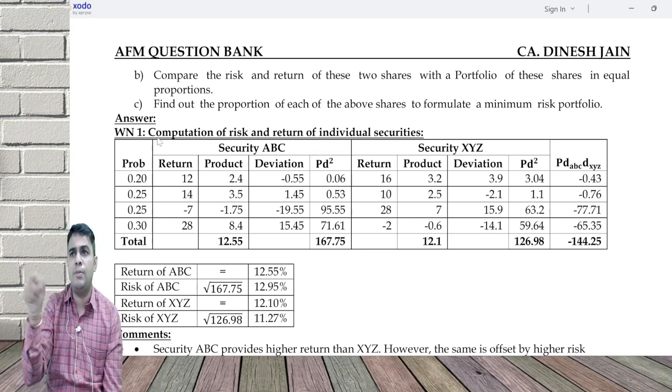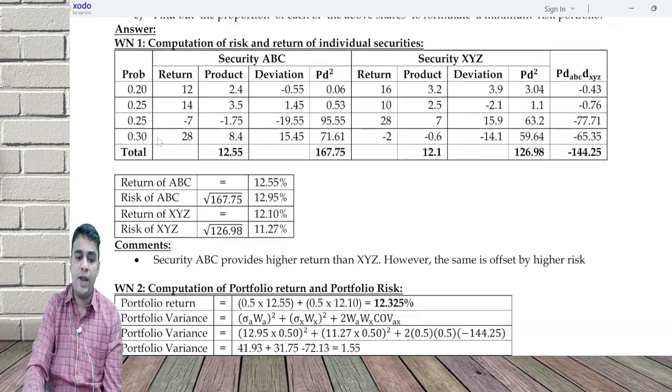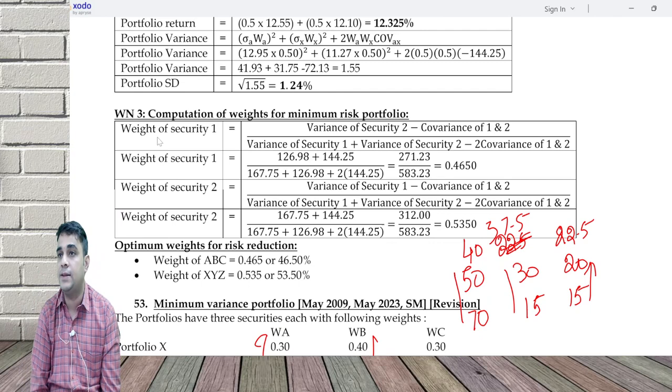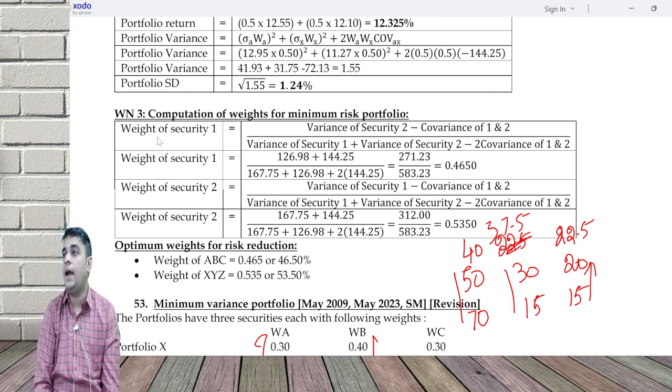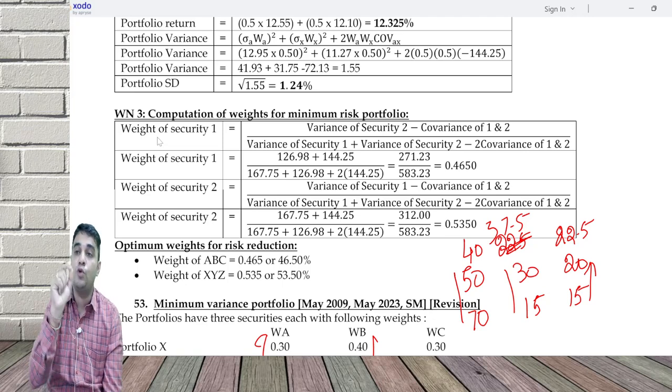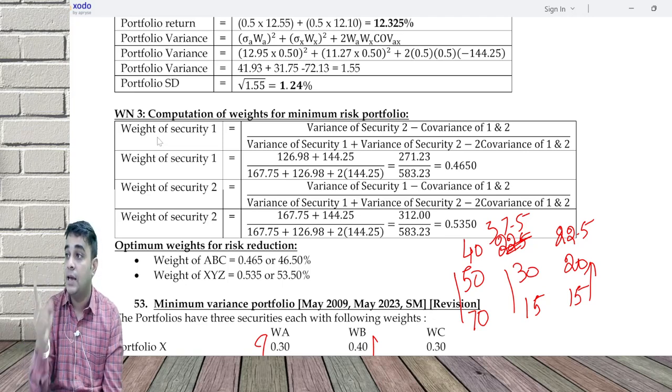Then you do sigma 1 W1 square, sigma 2 W2 square, where W1 and W2 will not be 50-50, it will be 0.465 and 0.535. If you practice this at home, you will see that the 0.465 and 0.535 combination will bring down my risk to 0.9%, something like that, less than 1%.